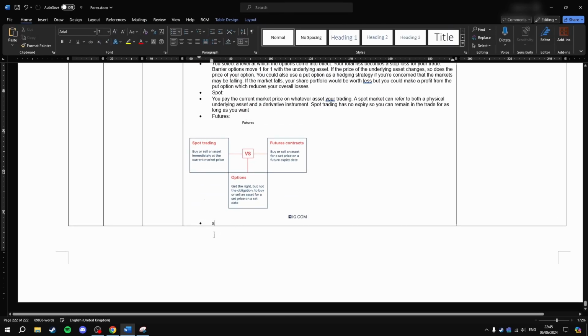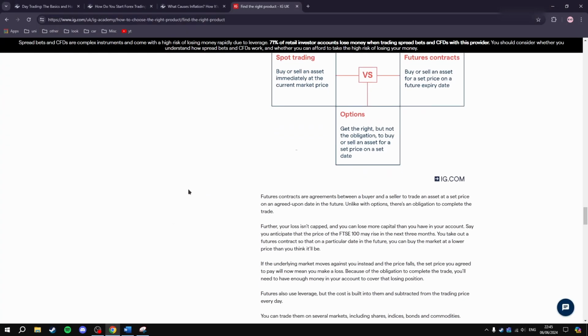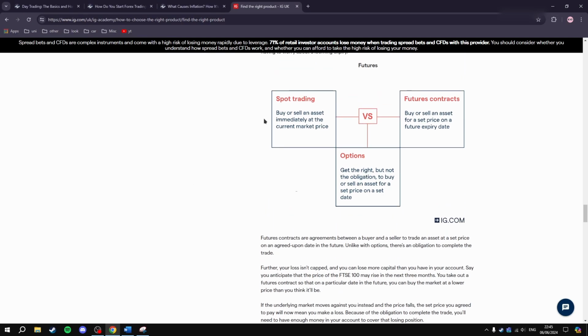Spot trading: buy or sell an asset immediately at the current market price. Options: get the right but not the obligation to buy or sell an asset for a set price on a set date. Futures contracts: buy or sell an asset for a set price on a future expiry date.